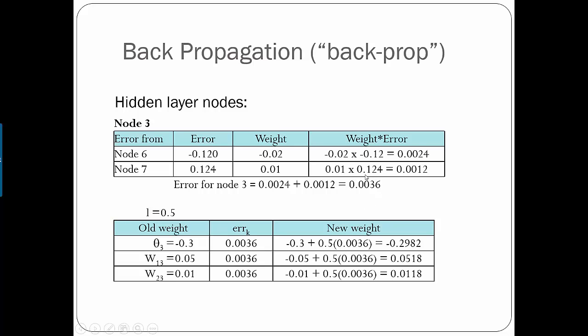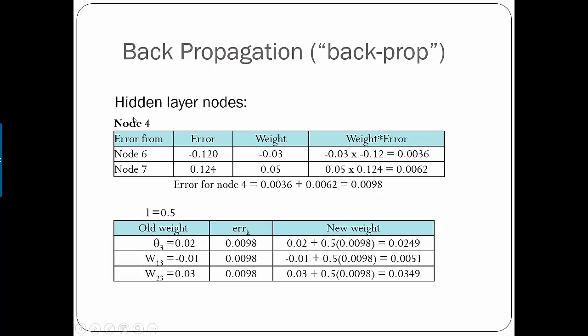Then you apply this error to the weights of node 3. Node 3 has a bias and two weights coming in, one from input layer node 1 and one from input layer node 2. So these are the three weights. Then here is the error, multiply by the learning rate and add to the old weight, you get the new weight.